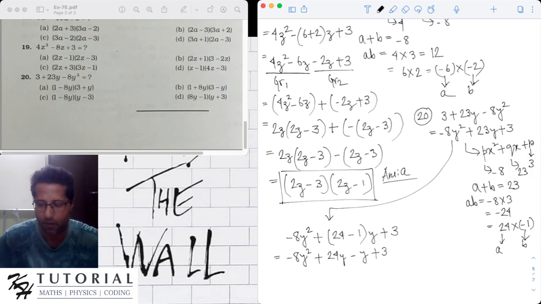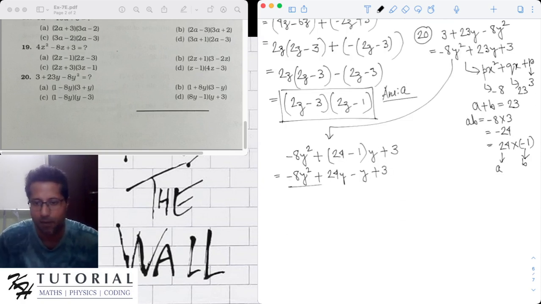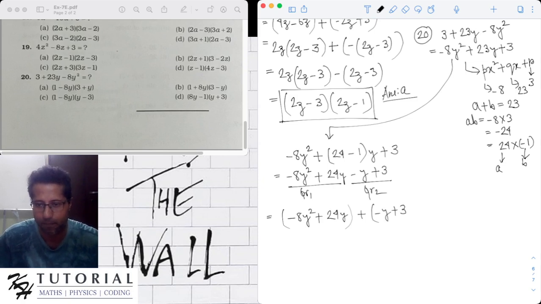Now we have to form the groups. We can clearly see that the first two terms will form the first group and the last two terms will form the second group. So the groups are minus 8y square plus 24y, and the second group is minus y plus 3.